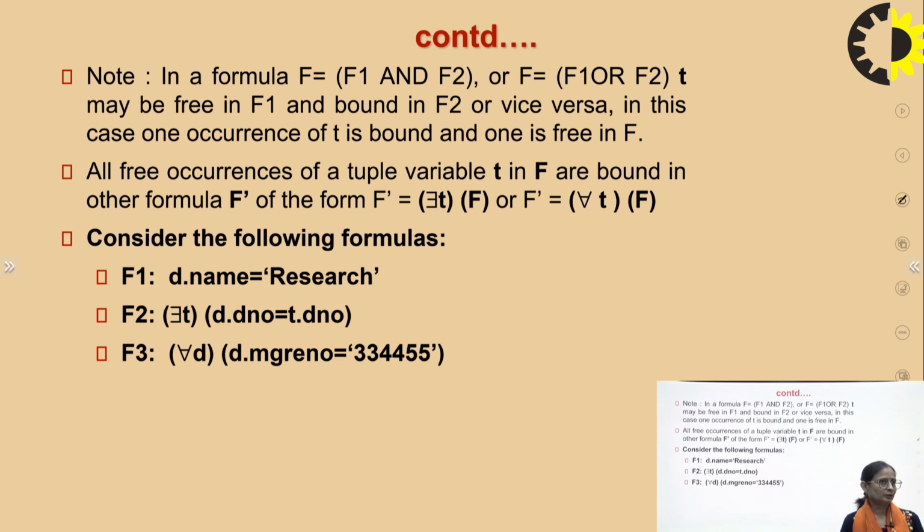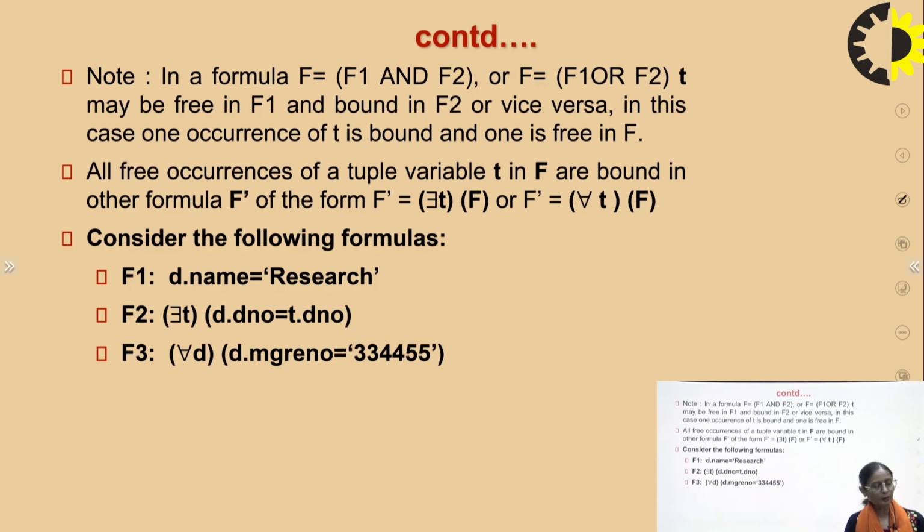So in a formula F1 and F2, or F1 or F2, T may be free in F1 and bound in F2, or vice versa. In this case, one occurrence of T is bound and one is free in F.